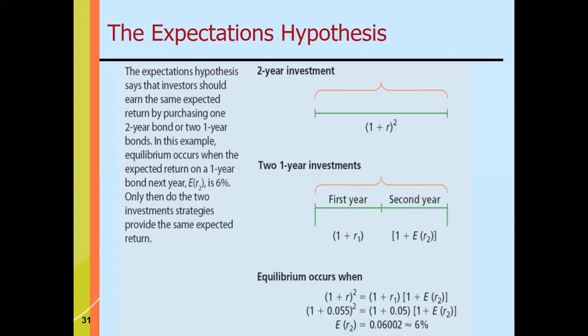We can expand this analysis further, for example, with a 3 year investment versus three 1 year investments, depending on the situation. So if we know the concept of compounding, we'll be able to get the equilibrium. And this is the expectations hypothesis. If you would like to have this in equilibrium, it should be that the second year and the succeeding years should have higher expected returns.